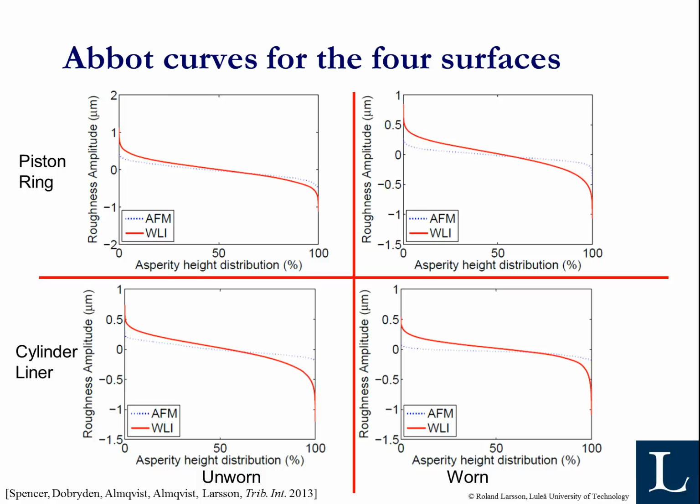As I said, this is a piston ring, by the way, and this is for a cylinder liner. This is for the unworn, and these are the worn. So you must be cautious when you use these tools. I can't really recall how big spot we measured here with the AFM in comparison to the optical instrument, but still you must think about what you want to use this measurement for.